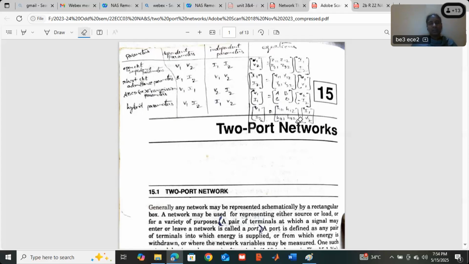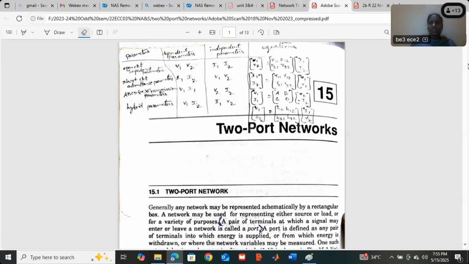It is very easy. From 9th class you know matrix multiplication. The second row is H21, H22 and the column is I1, V2; multiply the second row with this column and you get H21 into I1 plus H22 into V2. This is how you write the equations.